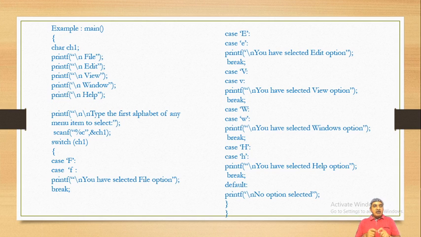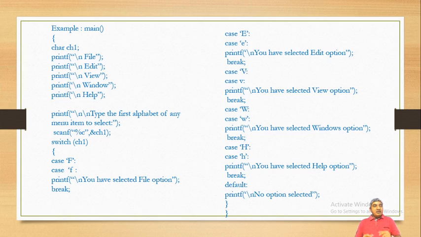If we give input capital E or small e, then the message displayed on the screen is you have selected edit option. If the input is capital V or small v, then the message on the screen is you have selected view option.